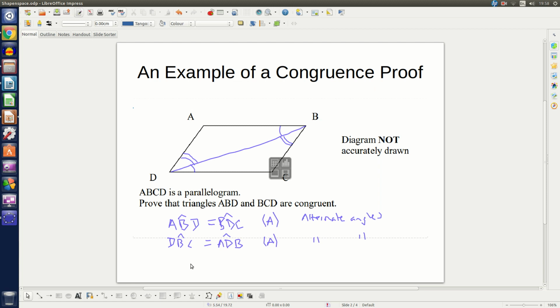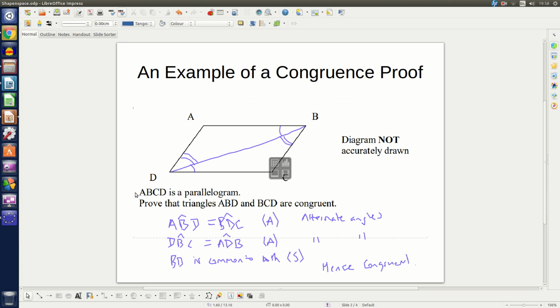And then you can say BD is common to both again. You've got a side that they have in common. It's definitely the same corresponding side because it's between the same two angles. And then you can say at the end, hence congruent. And it completes the proof.